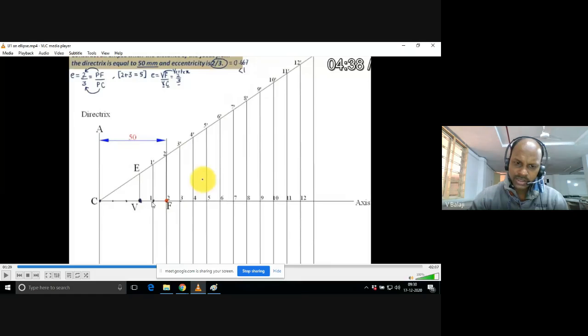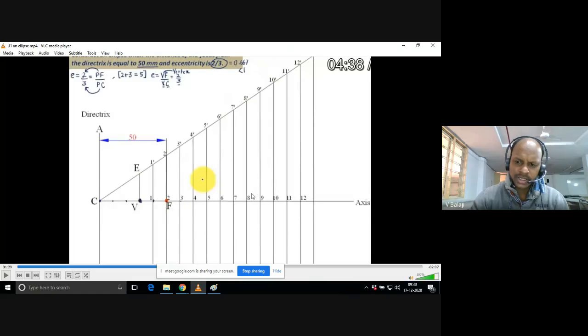At various points. Suppose line 1 is intersecting the extended line at 1 dash, 2 at 2 dash, 3 at 3 dash, the fourth line at 4 dash, the fifth line at 5 dash, and so on. Then your job is almost over to get the ellipse curve.